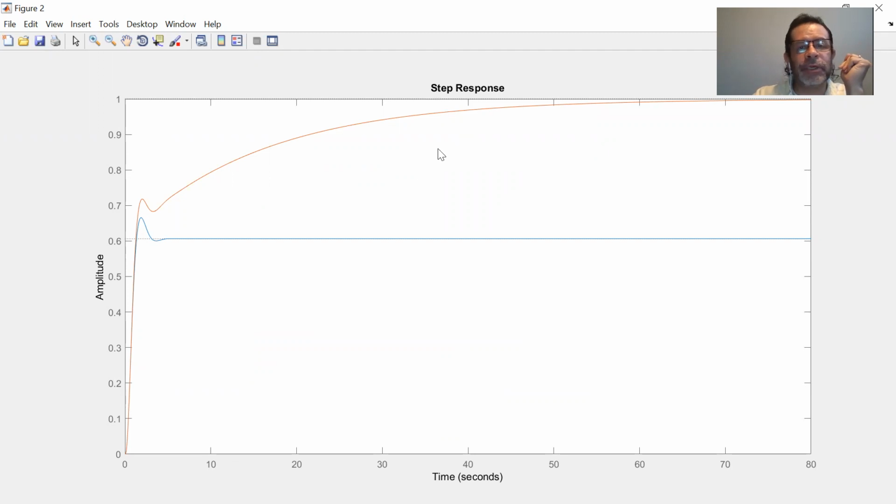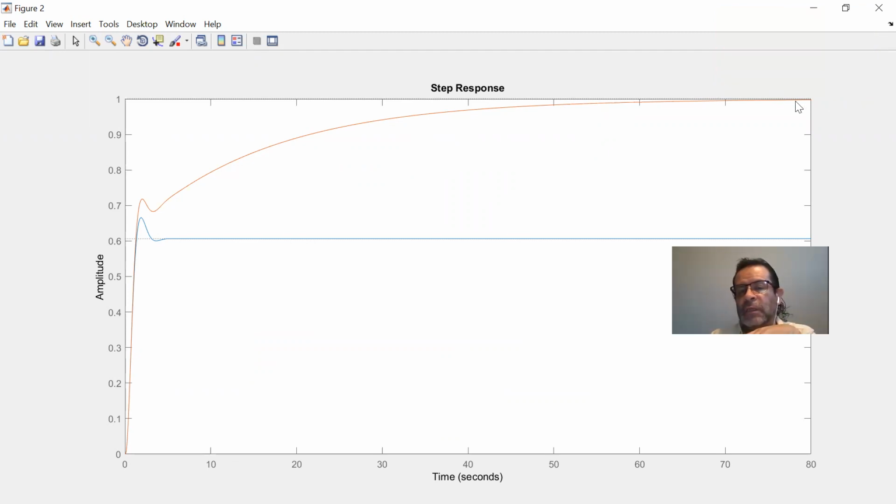It's got a jump, but notice that there's a large error because we've got a 0.6 here and we really want to reach the 1. Notice what happens when I add the proportional integral controller. The response now is a much better response that is going towards the final value of 1 in a much more direct way.